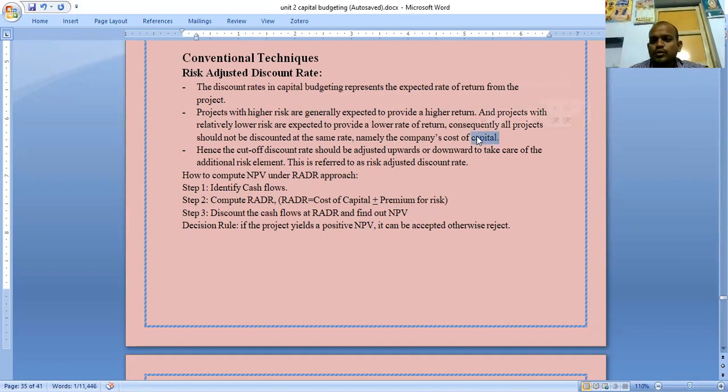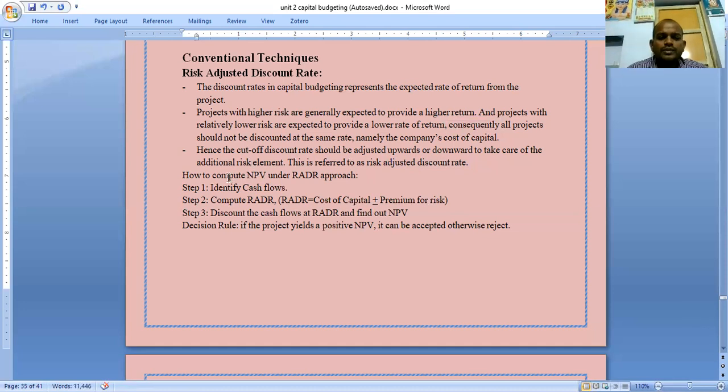Hence, the cutoff discount rate should be adjusted upward or downward to take care of the additional risk element. This is referred to as a risk adjusted discount rate.